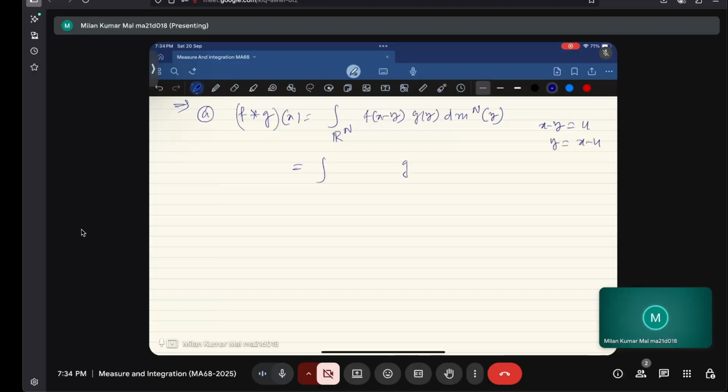So g will convert to g(x minus u) and f will be f(u), and this is the variable change basically. As x is fixed right now, dy will be du, but I think there must be some minus somewhere.